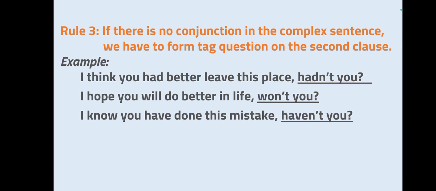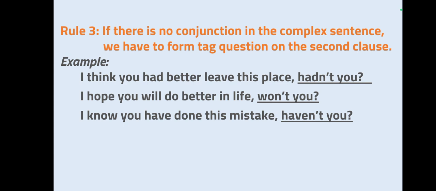Now we have rule number three. If there is no conjunction in the complex sentence, we have to form the tag on the second clause. For example, I think you had better leave this place, hadn't you? Here we have formed the question tag, hadn't you, on the second clause, that is, you had better leave this place.